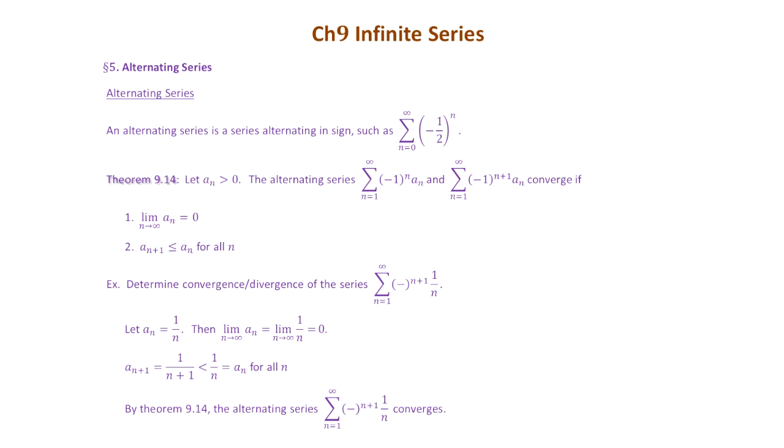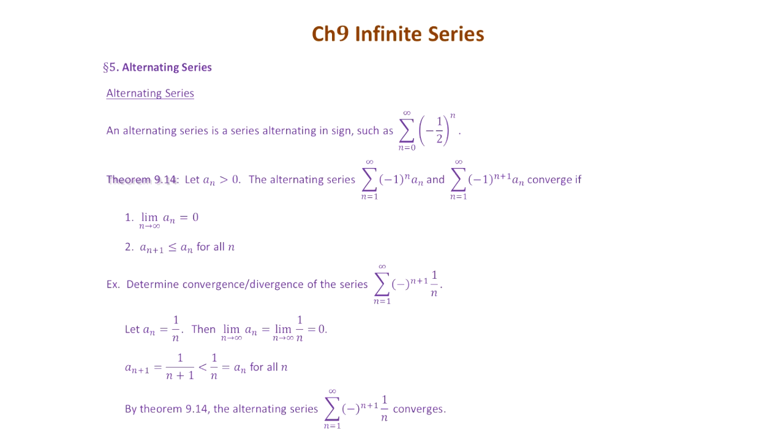So this first condition is general for any series to converge, and the second condition is specific for alternate series, and it does not apply for any other series. And condition 2 is a of n plus 1 is less than an. So that means the magnitude of the alternate series has to decrease. And the first condition says that it has to converge to 0.